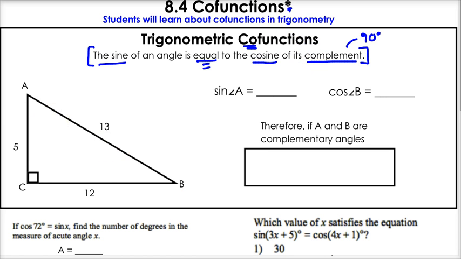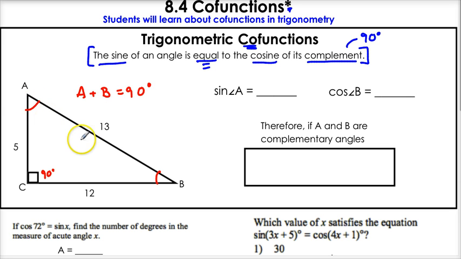In this example right here, we have a triangle, right? If C is 90 degrees, and we know there's 180 degrees in a triangle, we know that A and B are going to be complementary because they're going to add up to 90. So I could say A plus B is going to equal 90 degrees, right?